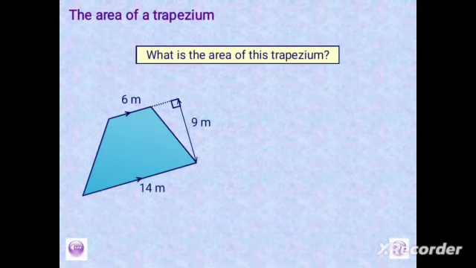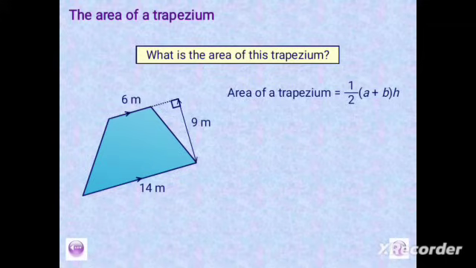Now, an example. What is the area of this trapezium? The diagram below is a trapezium of height 9 meters, and the shortest of its parallel sides is 6 meters. The other, longest one is 14 meters. And with the formula, for you to find the area of any given polygon in this case, you must start by stating the formula.